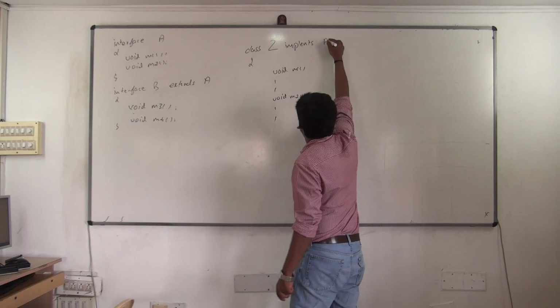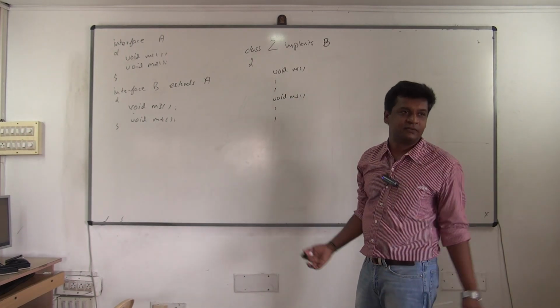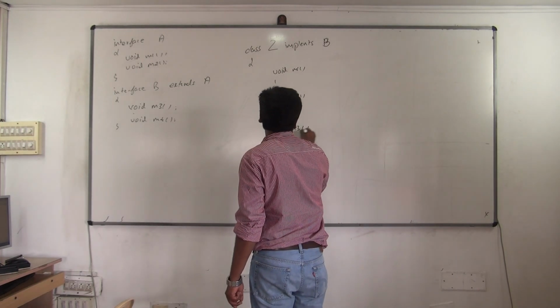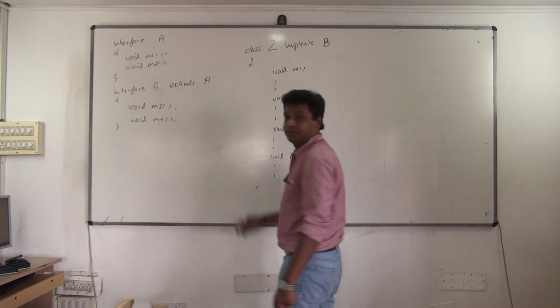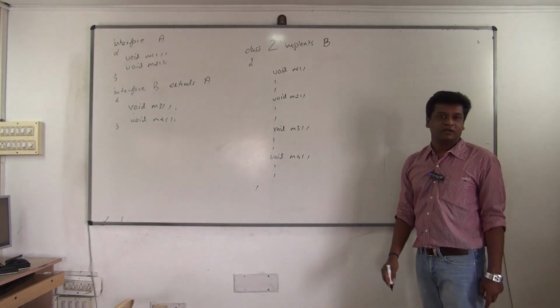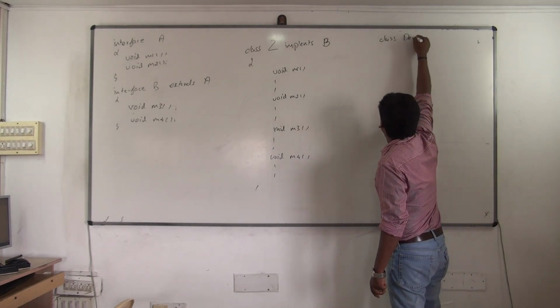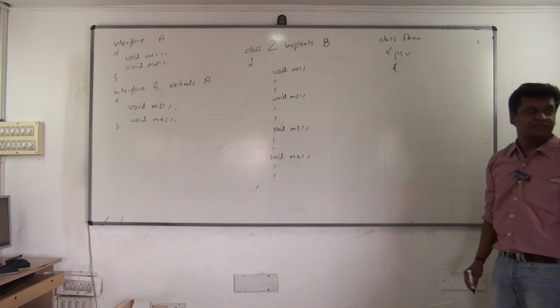But if class Z decides to implement B, he has to override 4 methods. Very simple. So I'll have void M3 and void M4. You give the body, write the logic, that's it. So this is how it happens. Now class demo, PSVM. Class Z implements B.